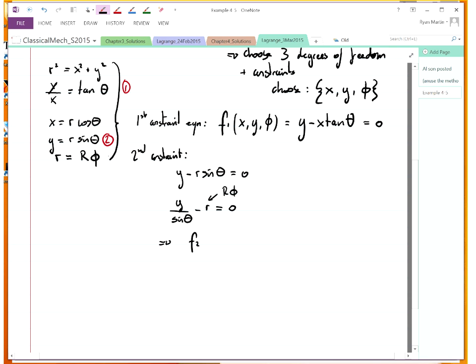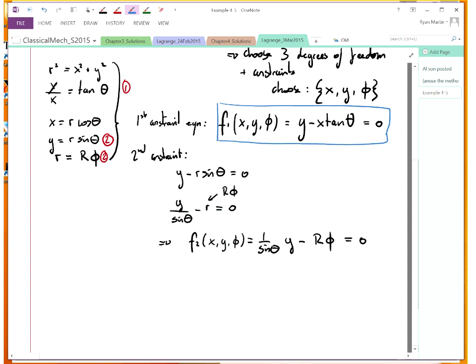I want capital R's, or phi's. So I'm going to replace the lowercase r here with capital R phi. So f2 of x, y, and phi, I'm going to write as 1 over sine theta y minus capital R phi equals 0.